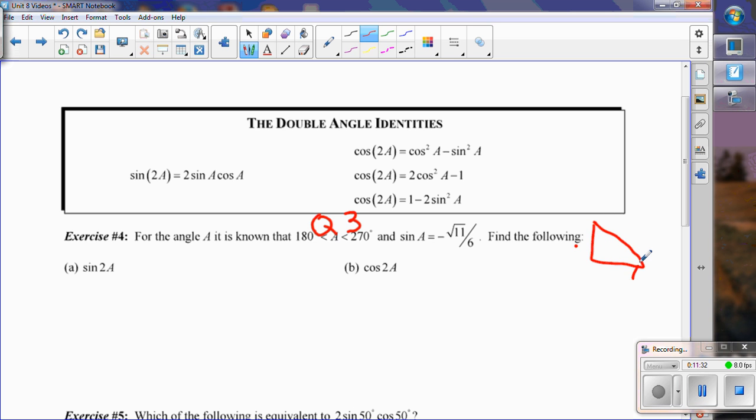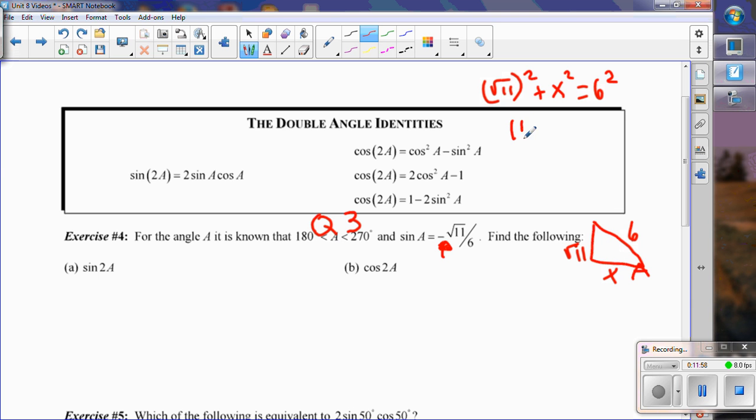So if this is A down here, we know opposite A is square root of 11. The hypotenuse is 6. Remember, this negative sign just helps us figure out what quadrant we're in. We set up the Pythagorean theorem: square root of 11 squared plus x squared, I forgot to put my x, equals 6 squared.